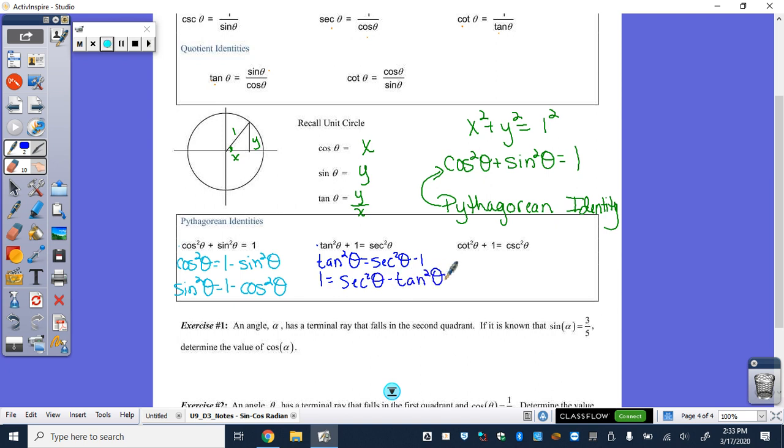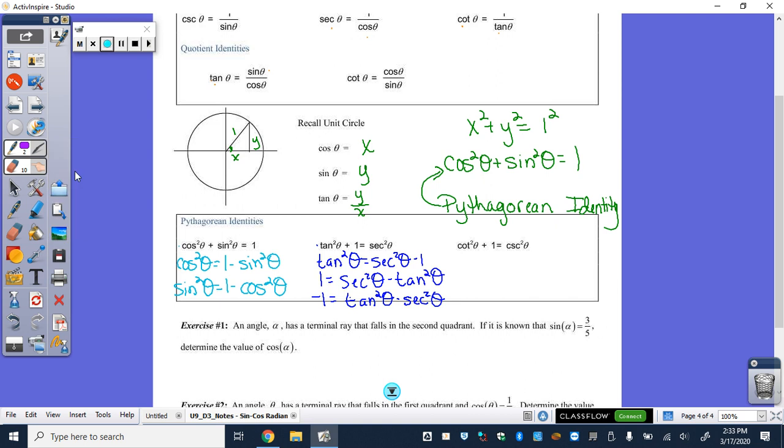So secant squared minus tangent squared will always give you a 1. You can factor a negative 1 out of here and then switch them around. So the tangent squared minus secant squared would be negative 1. So that one's got another extra one that we've seen from time to time.